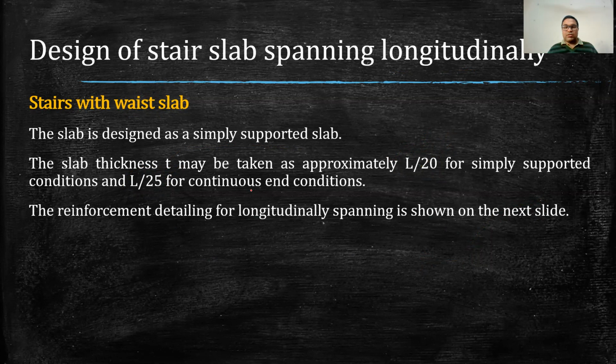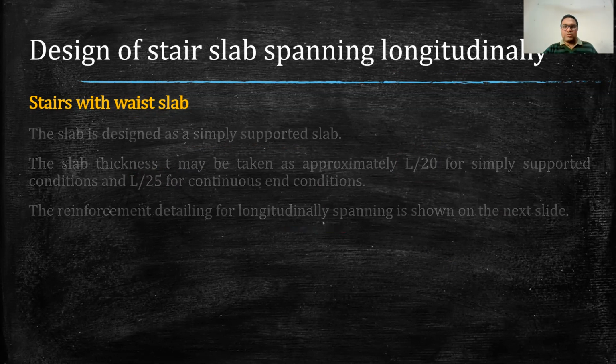The reinforcement detailing of transversely supported staircase is different, and for longitudinally spanning it is different. I will show you the reinforcement detailing first, and then we will take an example to design the staircase spanning longitudinally.